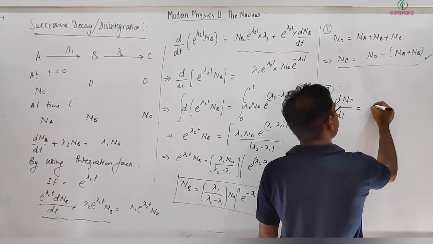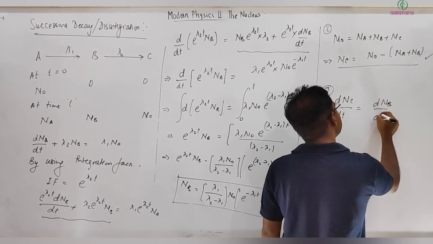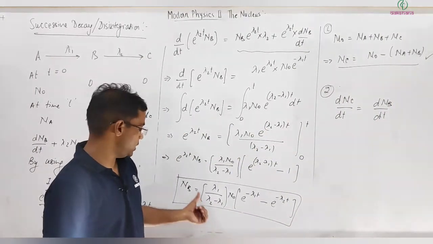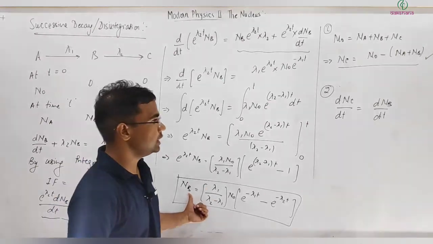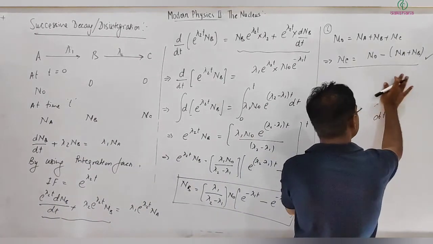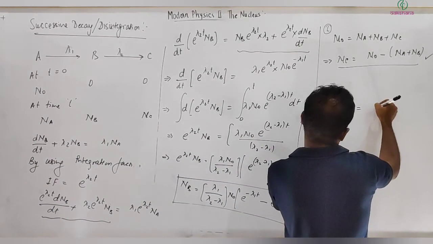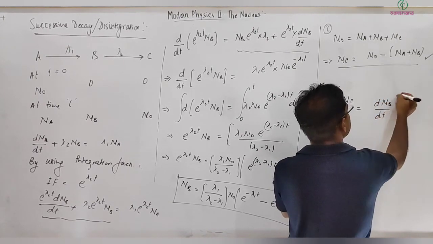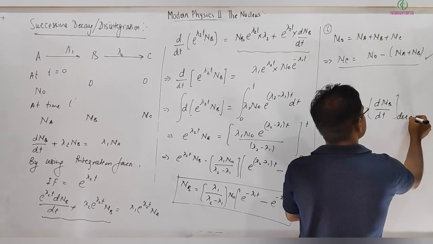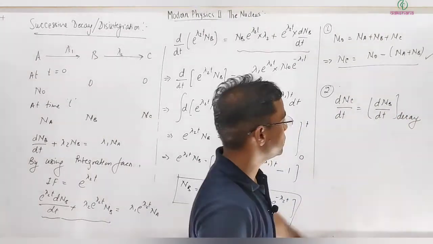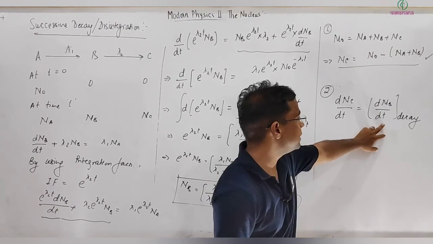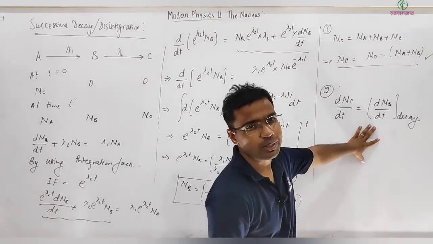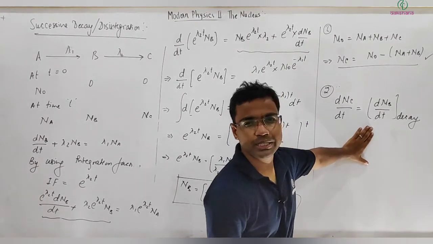See, this is the net number of nuclei of B at any time t. So I can write the rate of formation is equal to the decay rate, that is dNB by dt, into this decay rate. So I can just calculate dNB by dt, then equate it, and from here also we can get it, but it will be even lengthier.